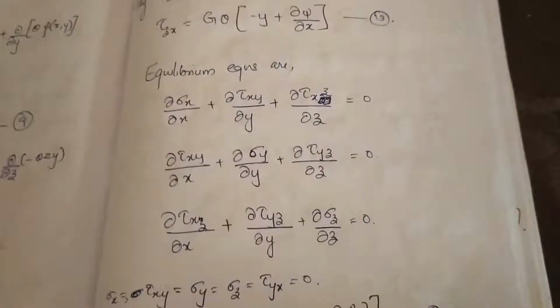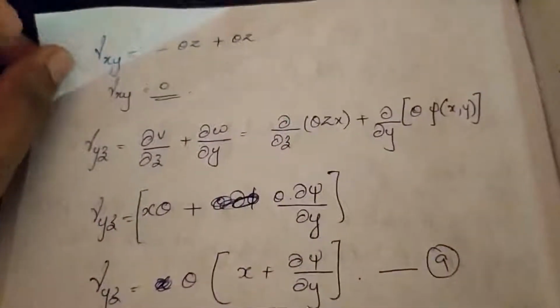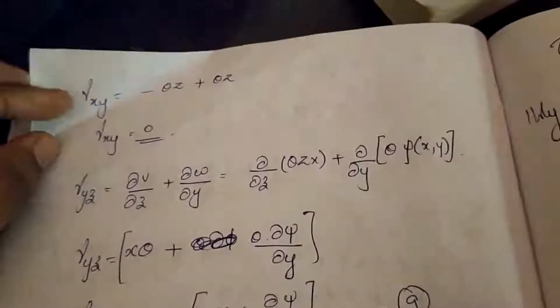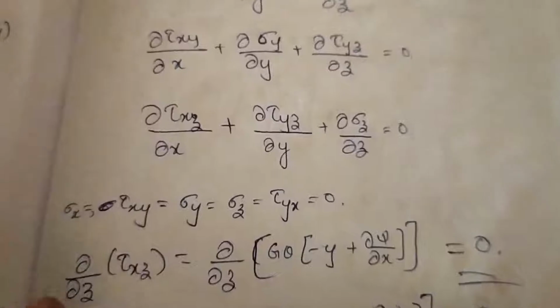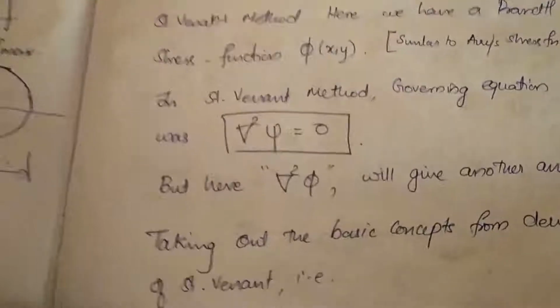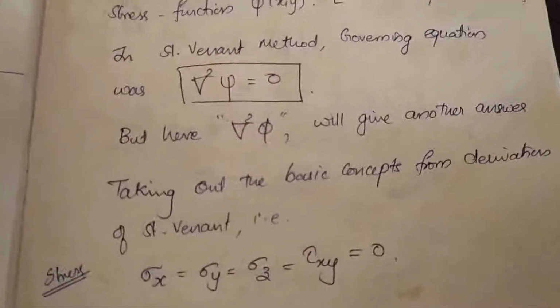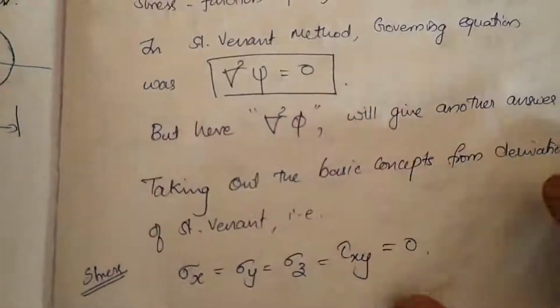In Sen-Venance method, you have the values of sigma x, sigma y, sigma z, tau xy, tau yx, etc. These terms become 0. Here also you are going to take these terms as 0. That is, there is no stress in x, y, z and there is no shear in the xy plane.